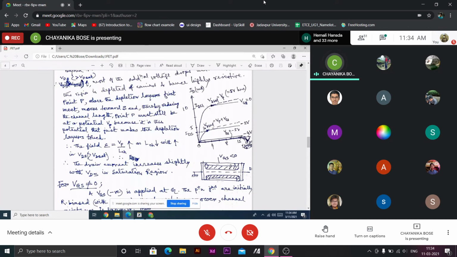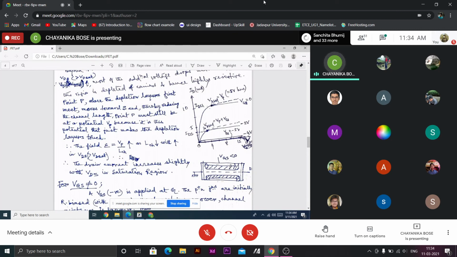Now the current is independent of output voltage, but we can also control the amplitude of this constant current source by applying a voltage at the gate terminal. So it behaves as a voltage controlled current source. So while operating in the saturation region, the FET can be used as a voltage controlled current source, and while operating in the linear region, it behaves as a voltage controlled resistor.